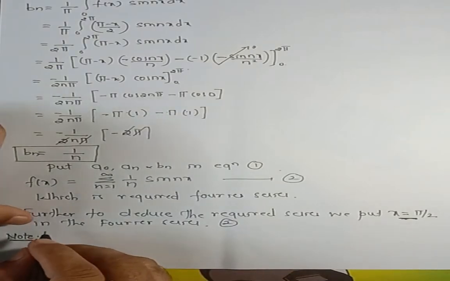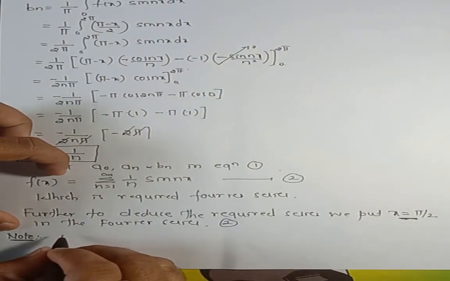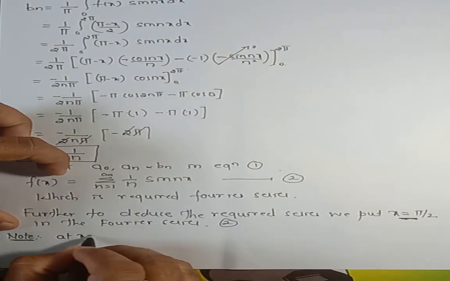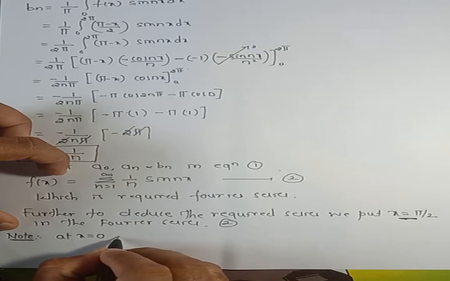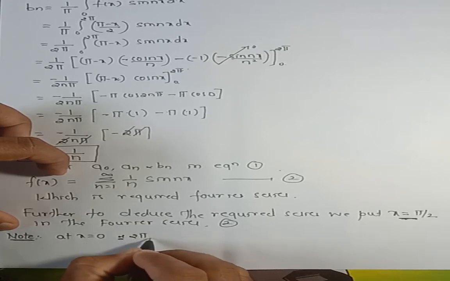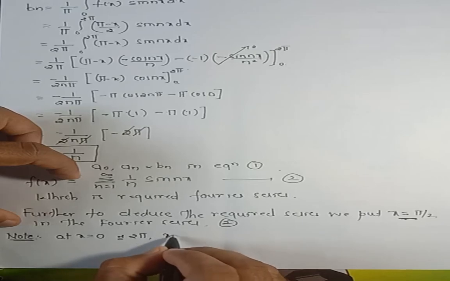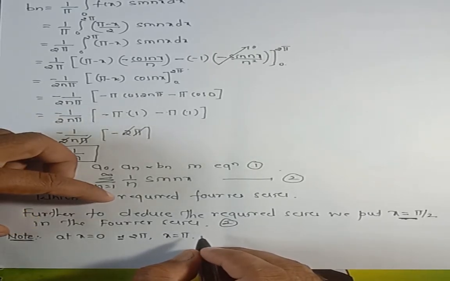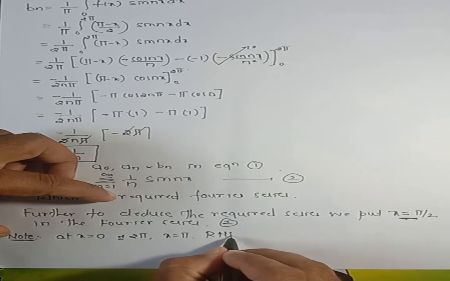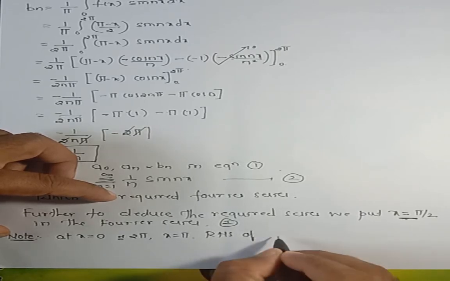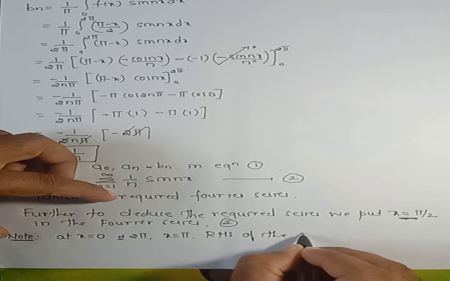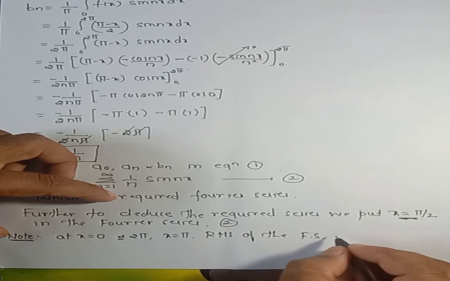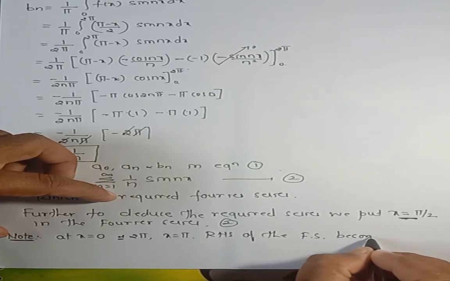Note: at x is equal to 0, 2 pi, or x is equal to pi, the RHS of the Fourier series becomes 0.